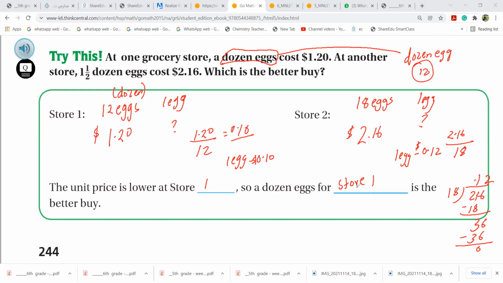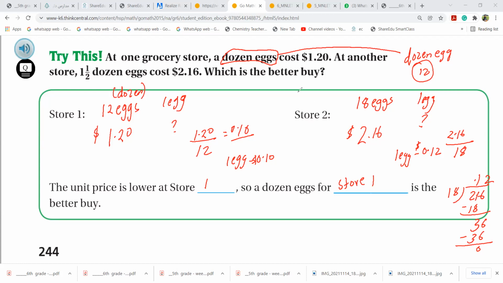Are you all able to understand or still no? Why did you put 18 instead of 1.5? Why write all this? 18 times 1 is 18. Oh, okay.